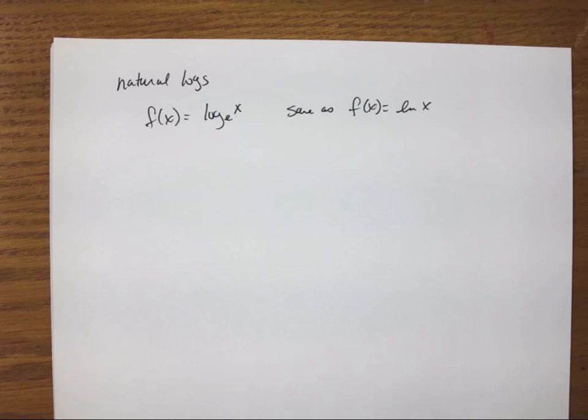One of the things you need to remember is you can't take the log of a negative number, just like in any of your square roots. You can't take the square root of a negative number.